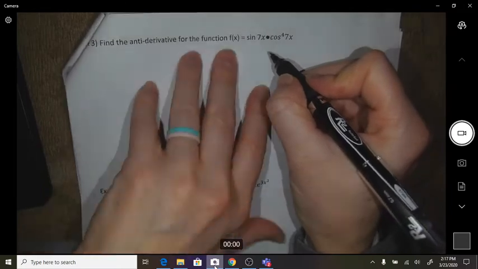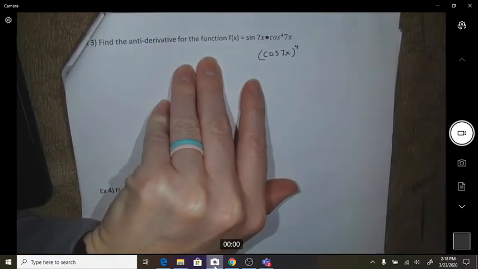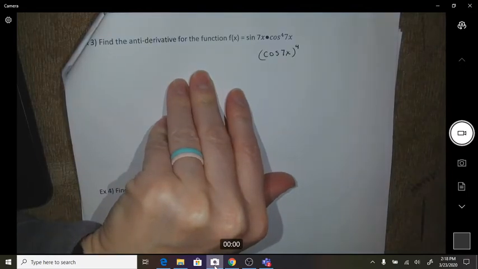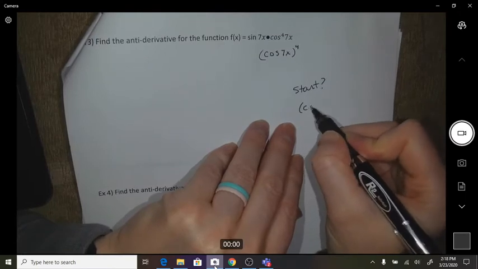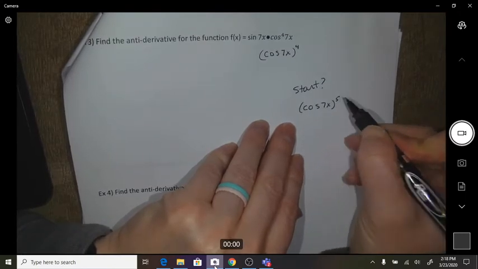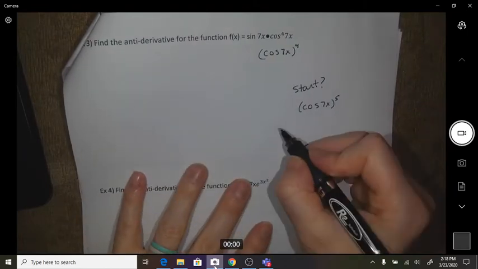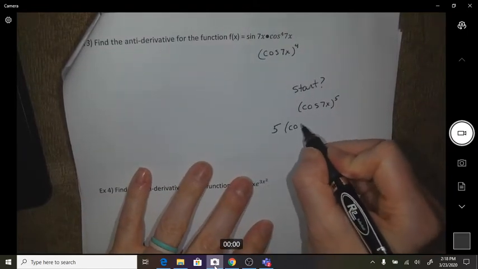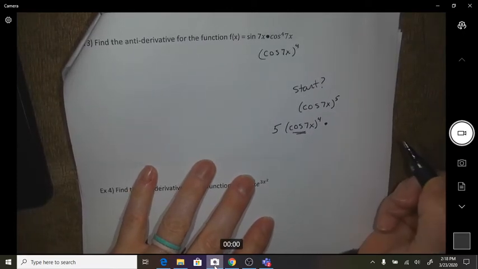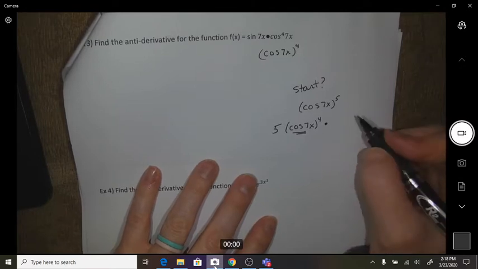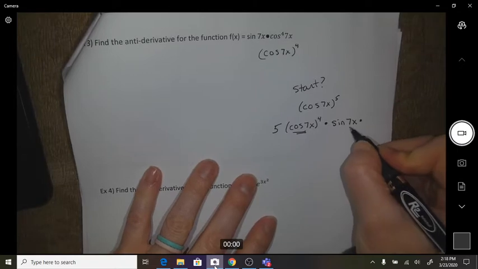Next. Remember, this is the same thing, right? So my start, I'm going to take a guess that I'm going to start with a 5th power. Power chain says to go 5 of those to the 4th times the derivative of that. So what's the derivative of cos functions? Sine times the derivative of that.